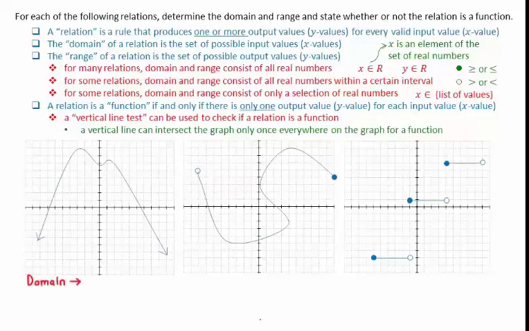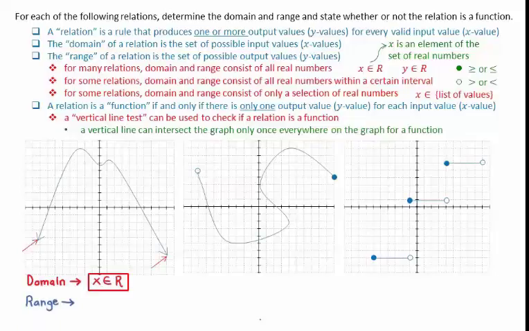For the domain, we must consider the possible x values. Note the arrows on both sides of the graph mean that the graph continues infinitely in both the positive and negative x directions. This means that the domain consists of all real numbers, x ∈ ℝ.